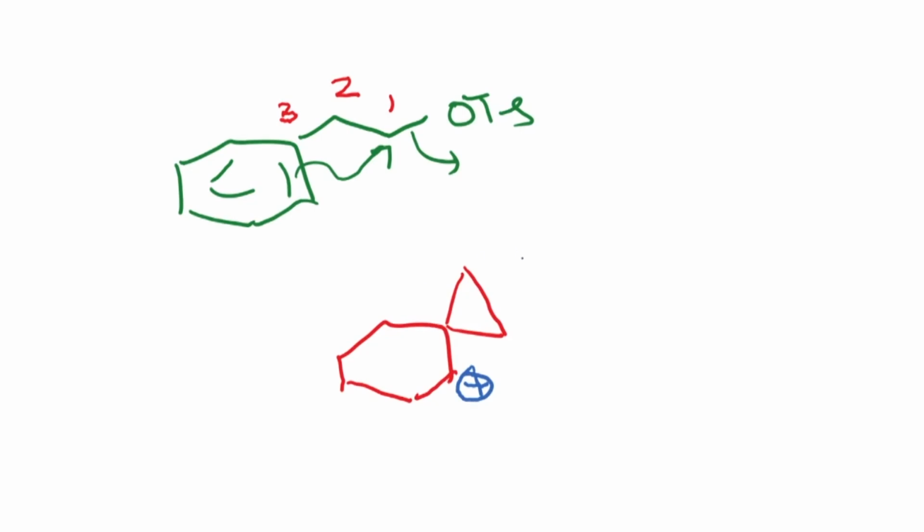Just to be clear, this is 1, this is 2, this is 3, and this is 4, 5, 6, 7, and 8. These two double bonds remain intact, and this could be the symmetrical intermediate that we are interested in. You see here, these three carbons are actually quite symmetrical.